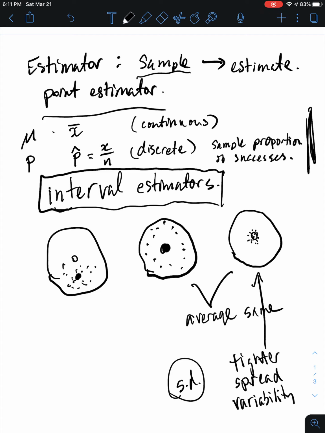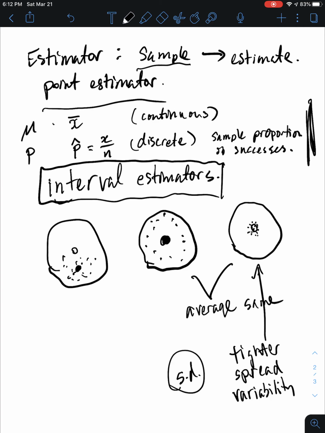Okay, so there's a few more general concepts we want to talk about. We have a few different types of estimators or properties of estimators that we're going to look at. So here, for example, is an x-axis, and our population mean is here.